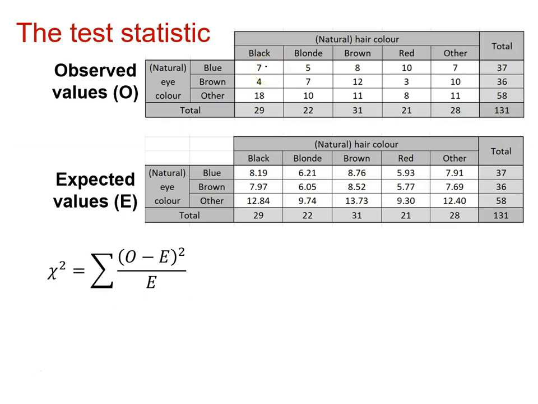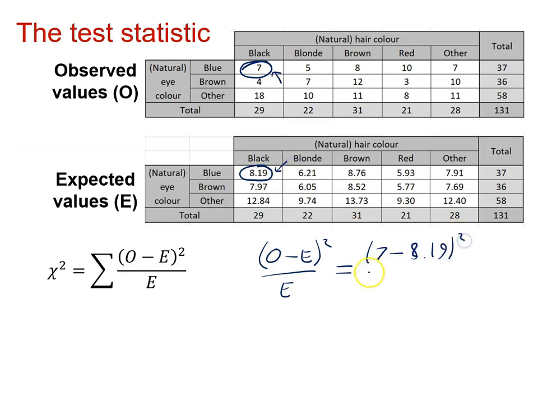So, for the blue eyes, black hair, my observed minus expected squared divided by expected, I simply plug in the values from the table. 7 minus 8.19 squared divided by 8.19, which equals 0.173 to 3 decimal places.